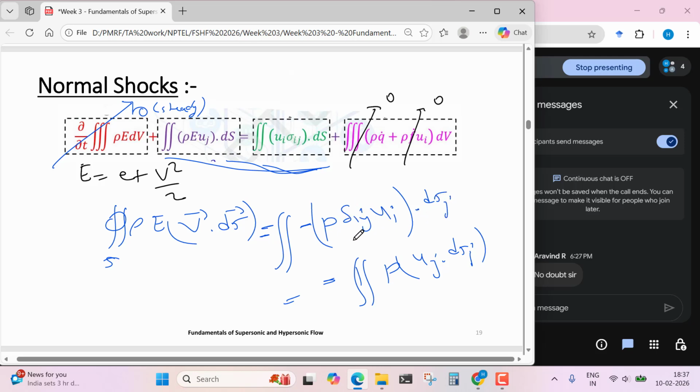In tensor notation you might have seen delta ij into ui equal to uj. So we'll substitute it here and we'll get minus double integration p uj dot dSj.